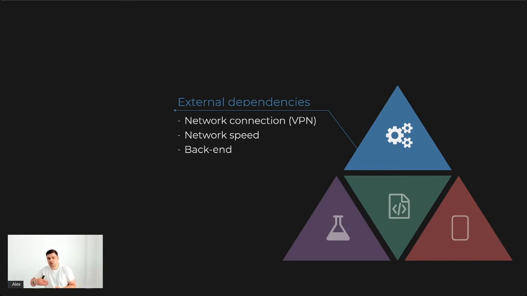In this case, it's not a problem of the test case, but a problem of the environment. If we combine end-to-end test, functional test, and screenshot test, only the end-to-end test will fail. All the other tests will pass, because only the end-to-end test uses an external dependency.